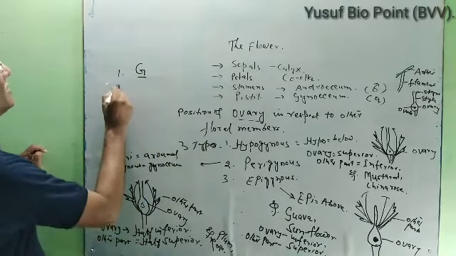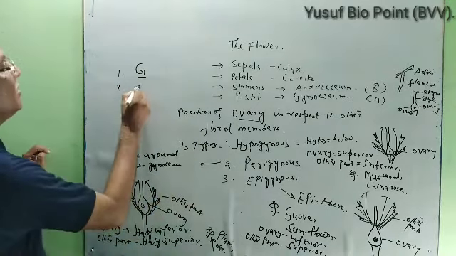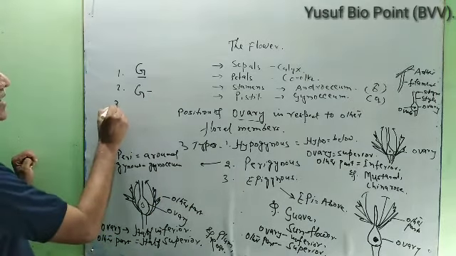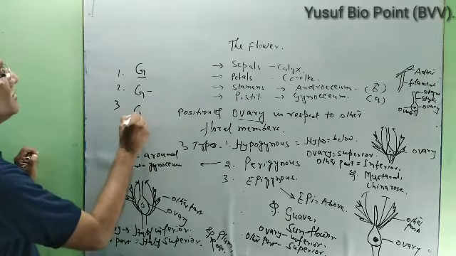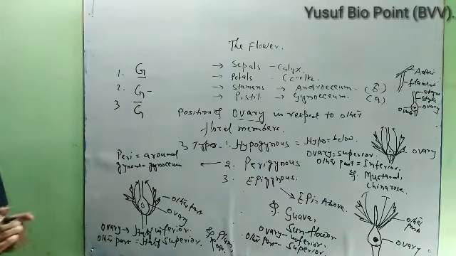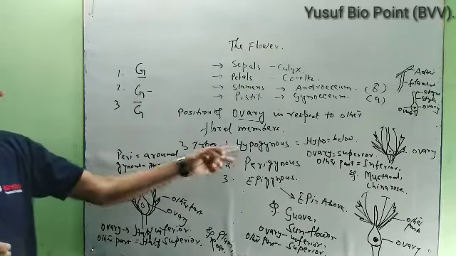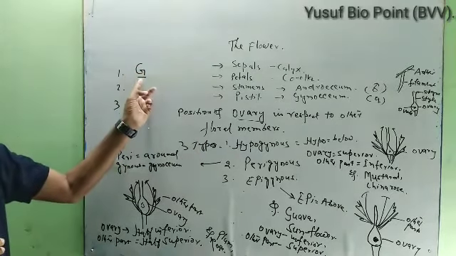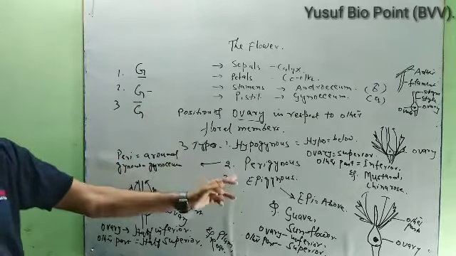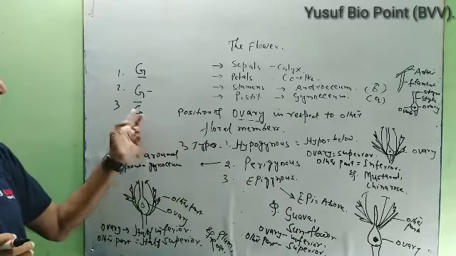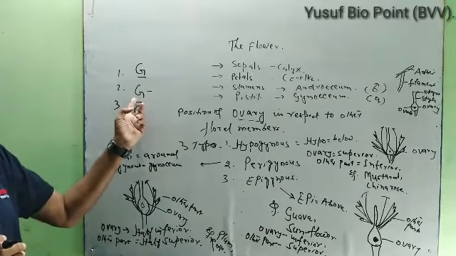For the second, perigynous, the symbol will be G with a middle line. And for the third, epigynous, G with a line above, that is G bar.